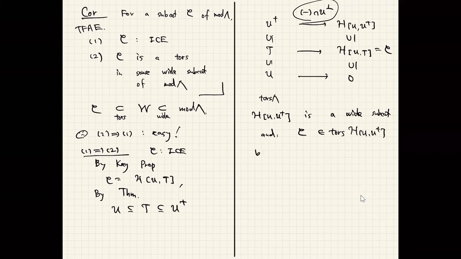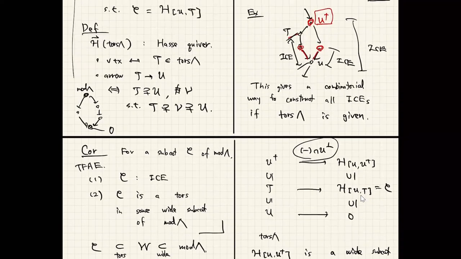This result is due to Asai and Pfeifer, from maybe 2 years ago on the arXiv. And by using their result, we have that this C is a torsion class of this subcategory, and this subcategory is wide by Asai–Pfeifer's characterization of wide intervals.